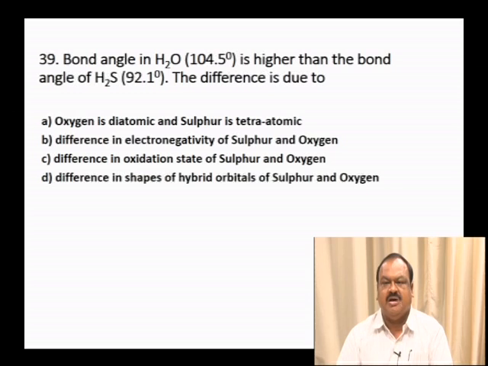Difference in shapes of hybrid orbitals of sulphur and oxygen. So, when we observe all the options, particularly the bond angle decreases due to electronegativity of sulphur and oxygen. So the suitable answer is B, difference in electronegativity of sulphur and oxygen.